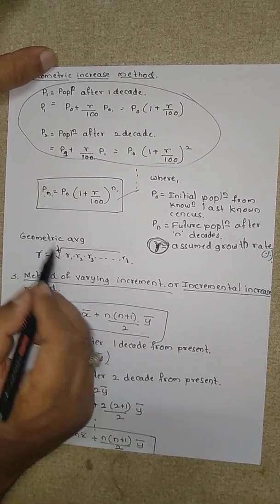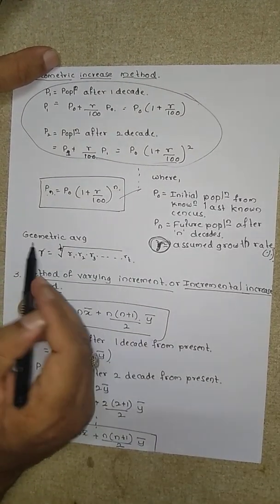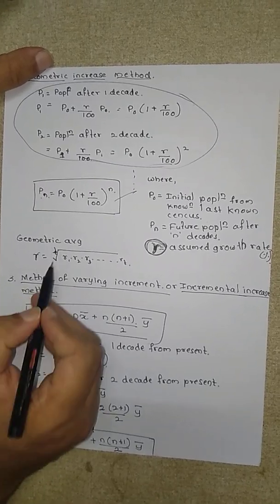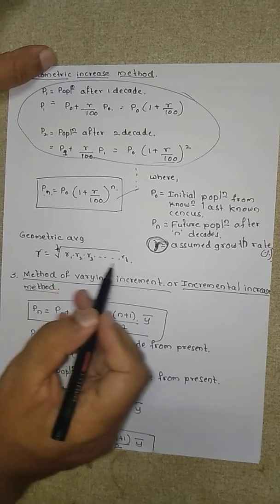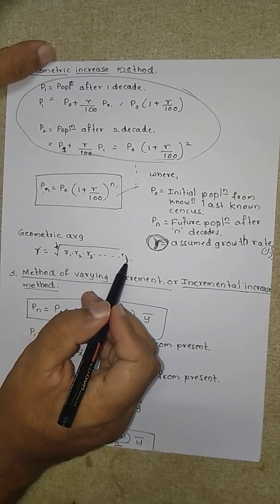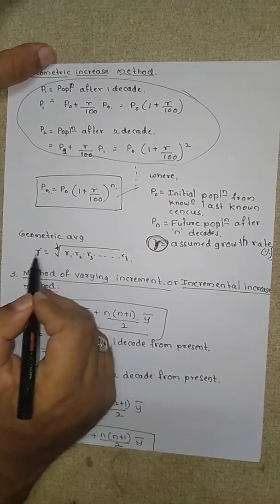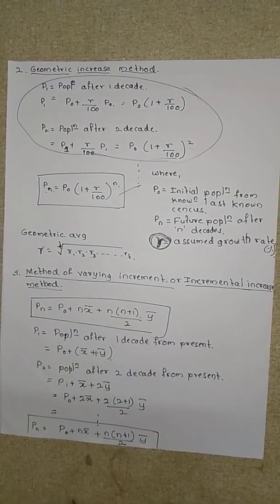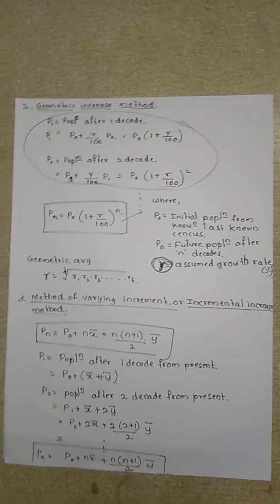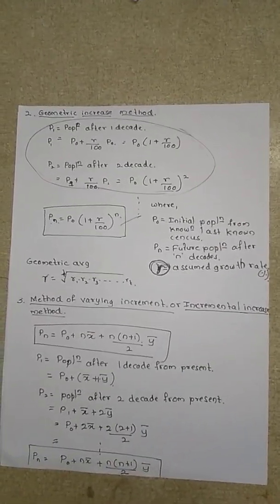In order to determine this geometric average, you will use the formula: R1 multiplied by R2, R3, and so on till RT, then the whole to the power 1 by T. Now this T is nothing but the number of decades between the 2 years.